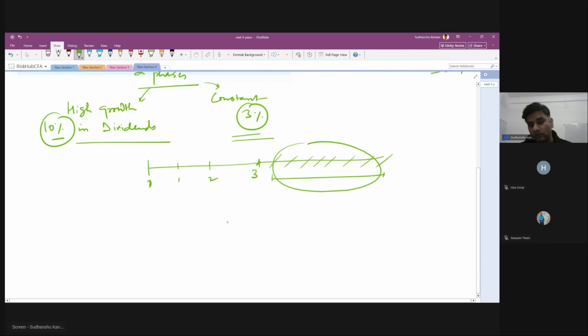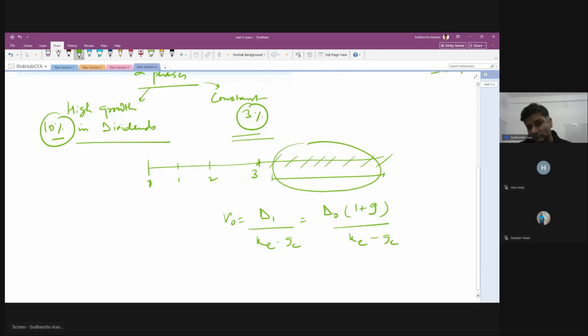If I apply the same logic, the formula was very simple: D1 divided by KE minus GC. D1 will be D naught into 1 plus constant growth, over KE minus GC.